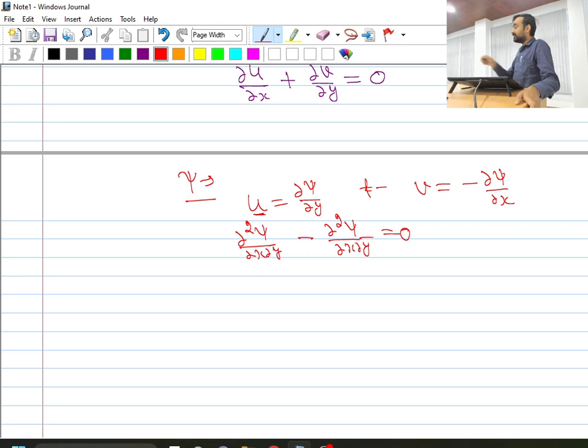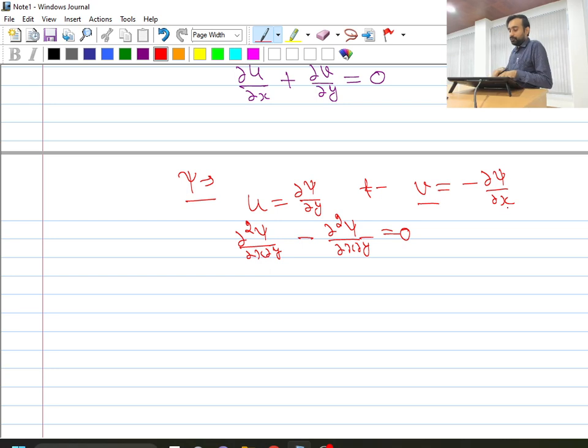Okay. The second advantage is that this formulation helps us in representing two variables, u and v, in terms of a single parameter psi. Now u is represented in terms of psi and v is also represented in terms of psi.